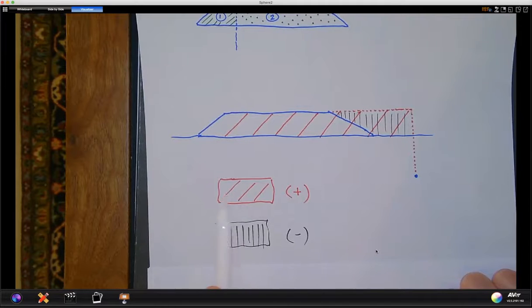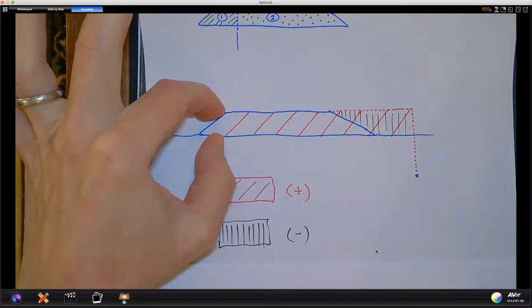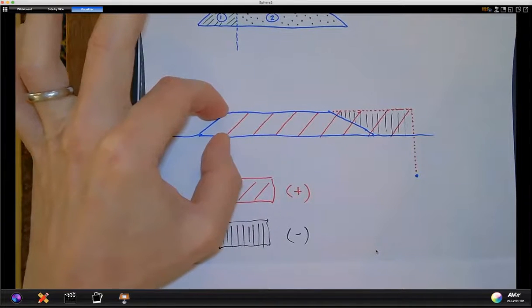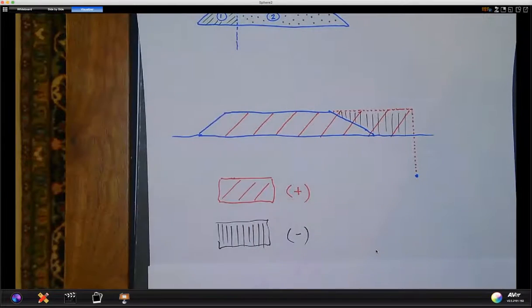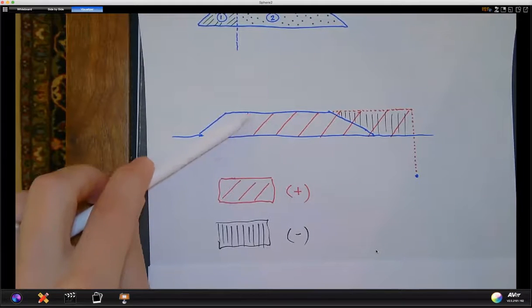And you get an influence value here, you get an influence value on the second one, and at that stage, you sum those two and utilize the Q times, the Q in this case is gamma times H, which is a compacted unit weight of your embankment times the height of the embankment.